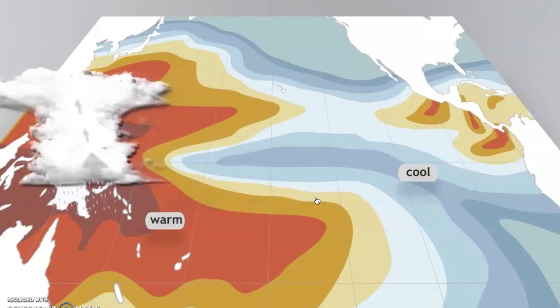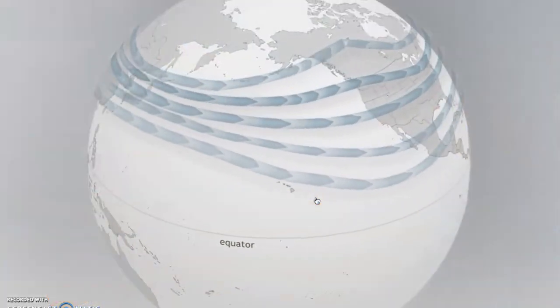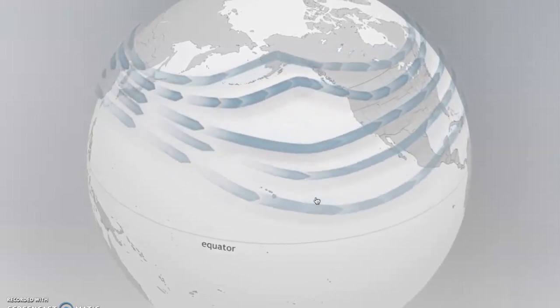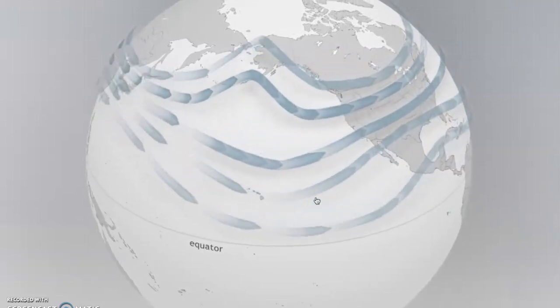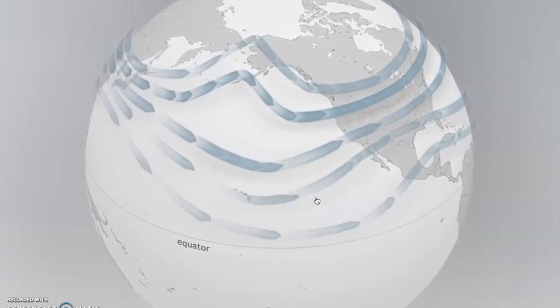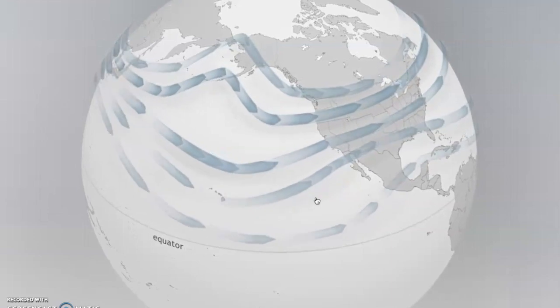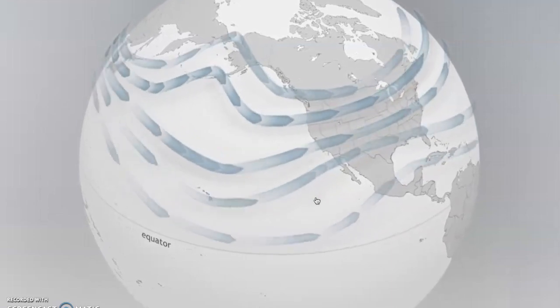Strong thunderstorm activity pumps heat and moisture into the upper atmosphere, disturbing global circulation patterns. The jet stream, which is a river of air moving from west to east, begins to pull back or retract toward Asia. Downstream of that, over the Pacific Ocean and North America, there are pronounced changes in the circulation.